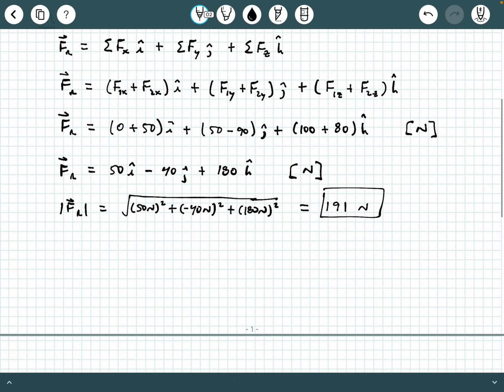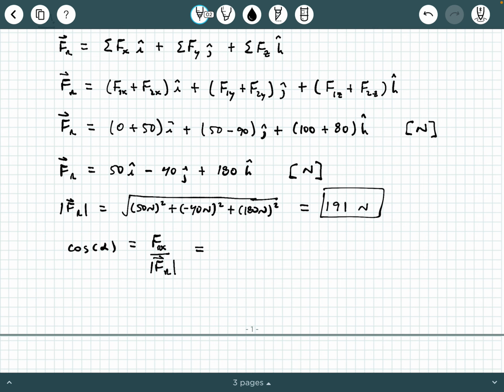Well, if you remember back from our previous videos or maybe in your notes, what are those coordinate direction angles? Well, we have cosine of alpha equals Fx over the magnitude of the resultant force. We'll call that FRx, all right?